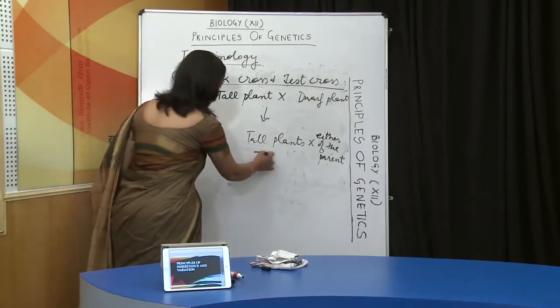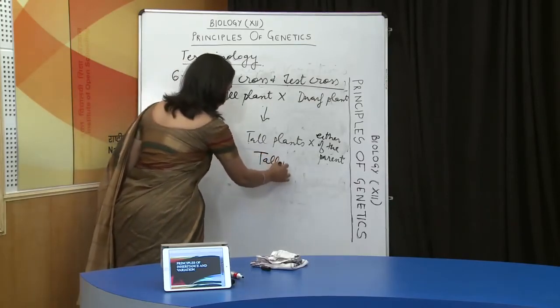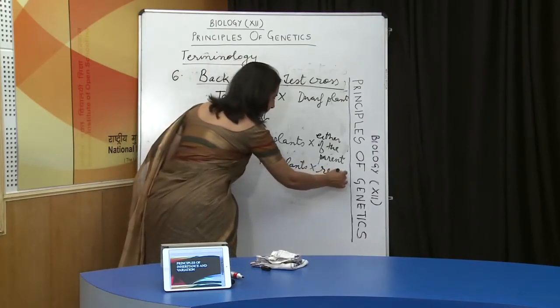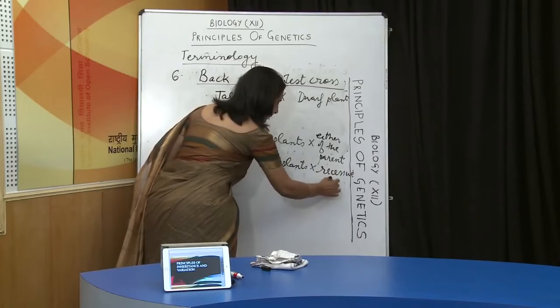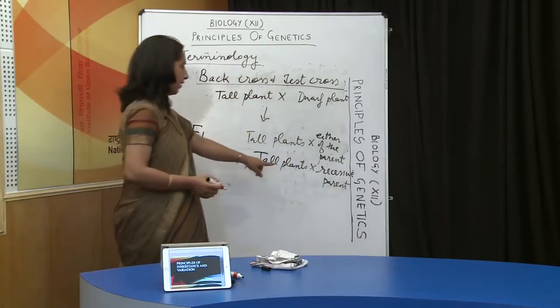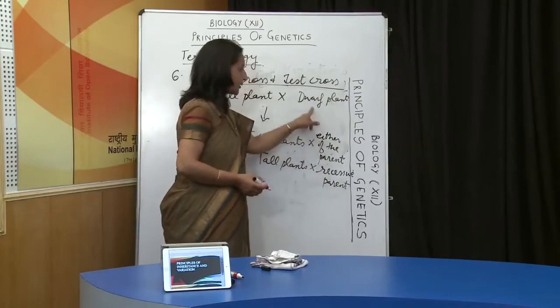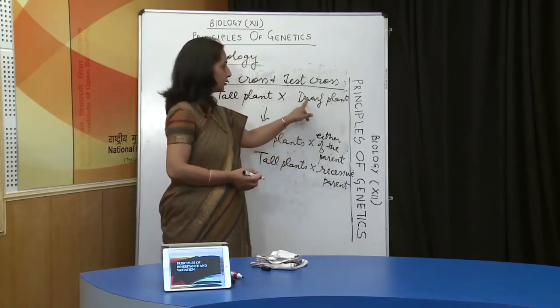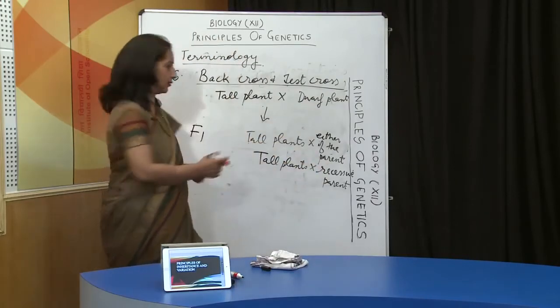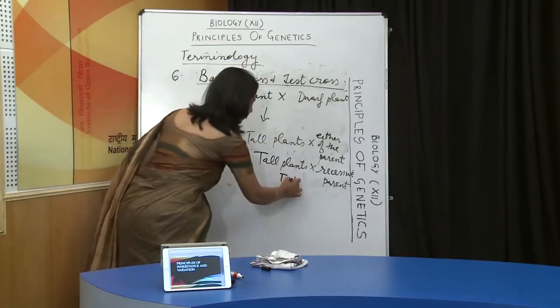You can see it here. This is the first generation, and we have crossed it back with the recessive parent. The recessive parent is the dwarf plant, and when we cross it with the recessive parent, this is called a test cross.